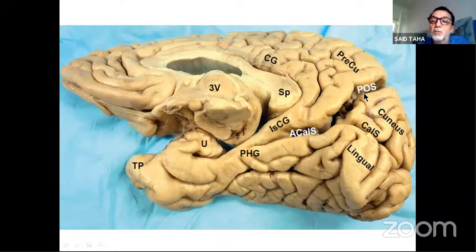The calcarine sulcus and the parieto-occipital sulcus fuse here to create the anterior calcarine sulcus that separates the isthmus of the cingulate gyrus from the parahippocampal gyrus.